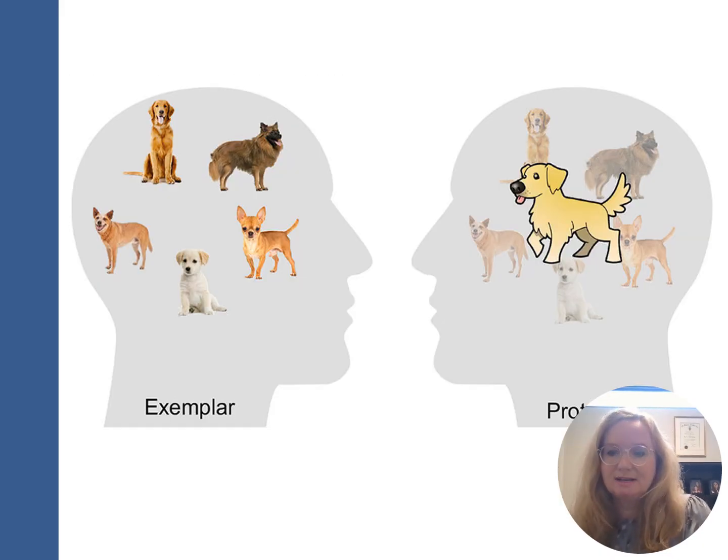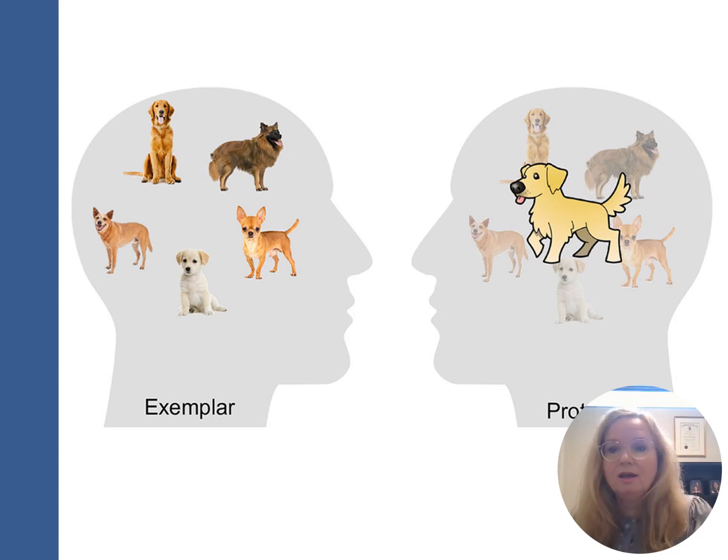So think about this in an example. On the right side, you have your typical prototype dog. That is the dog that is the average of all the different dogs that you might see, a really good example of a dog. And then you would be able to recognize other dogs by matching them to that prototype of dog in your brain.